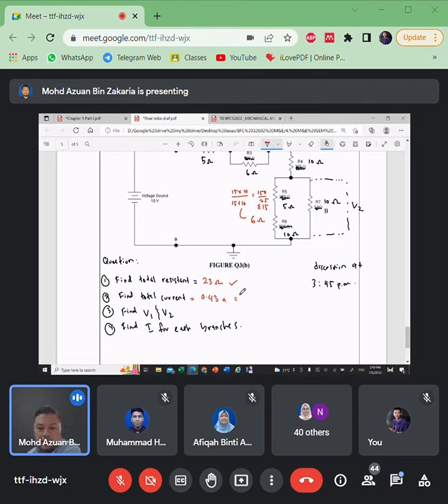Okay, where does this come from? This is from 10 volts divided by 23. Okay, let me calculate. 10 divided by 23 is 0.434. Okay, you can maintain here, 0.43 is okay. Okay, find V1 and V2. Okay, so what is V1?